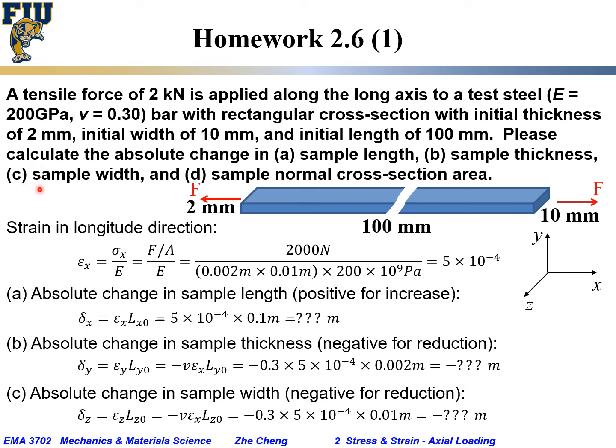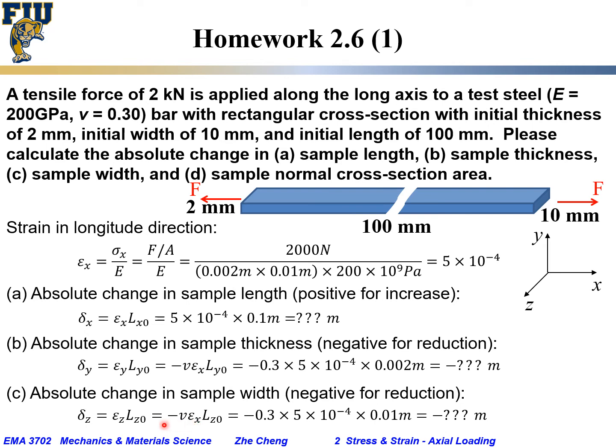Similarly, for C, the change in sample width along the z direction, delta z, where delta is again the absolute change in length, subscript z means along the z direction, would be epsilon z times Lz0, the strain along the z direction times the initial length along the z direction. Similarly, as before, the strain along the z direction would be the Poisson ratio times the strain along the x direction with a minus sign in front.